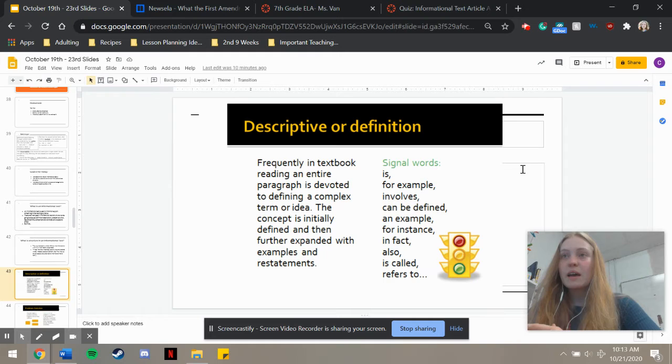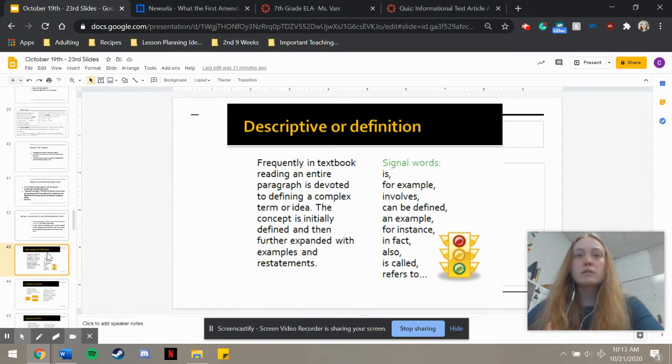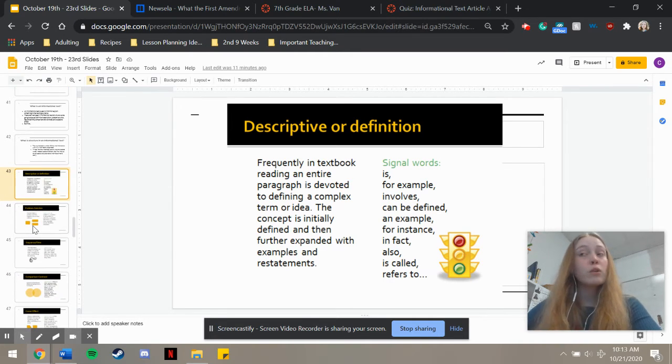Some signal words, which give us clues about what we're looking at, are is, for example, involves, can be defined, an example, for instance, in fact, etc. If you see some of those words, it might mean that it is a descriptive informational text. So you know what you should be looking for.